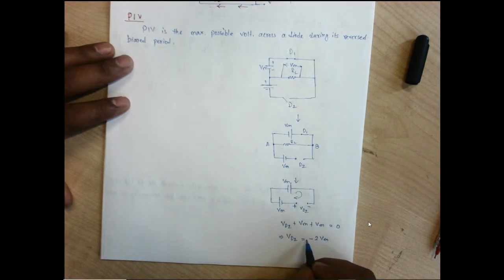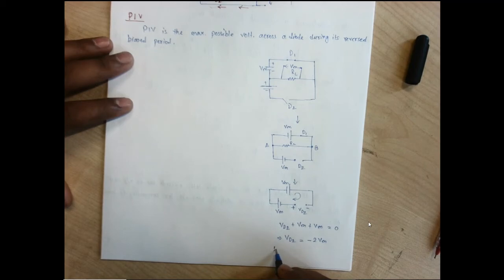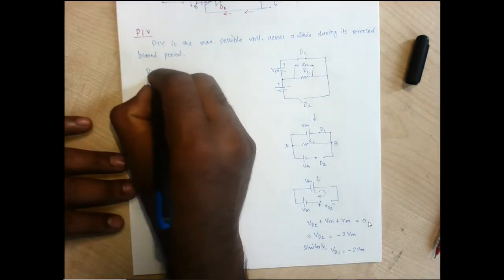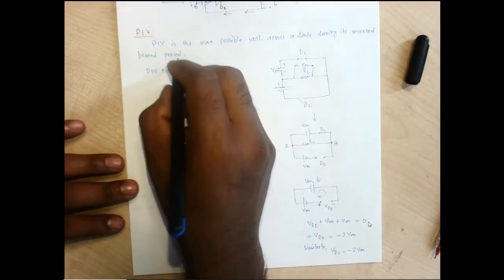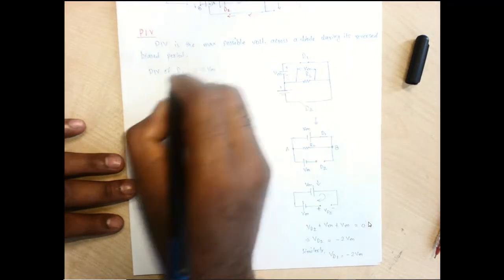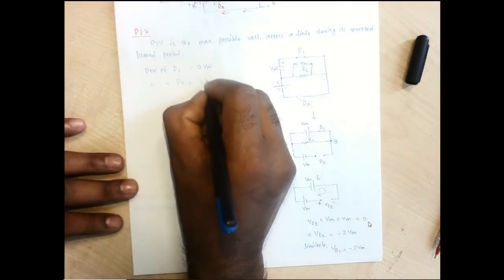This is the voltage which is coming across this D2. In the same way we can take out VD1 when D2 is conducting, it is minus twice Vm. Or simply we can consider the PIV of D1, it is twice Vm, PIV of D2, it is twice Vm.